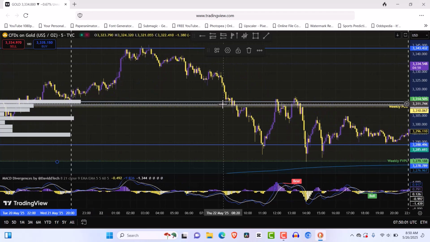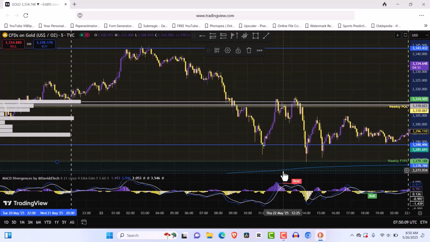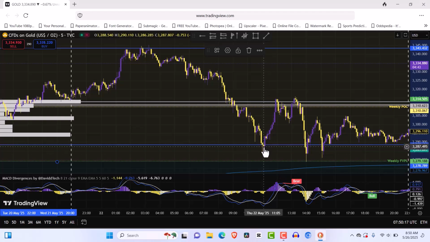Now guys, take a look at this. Are you seeing where the VWAP is? This is the VWAP. It's below price. We had it come here for the first trade. This is an A+ trade.